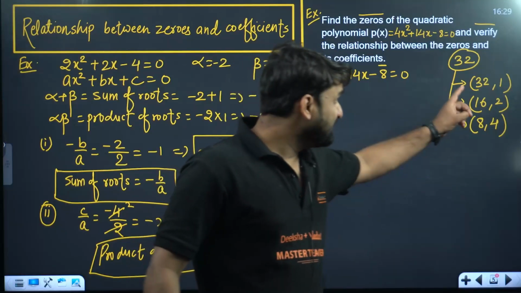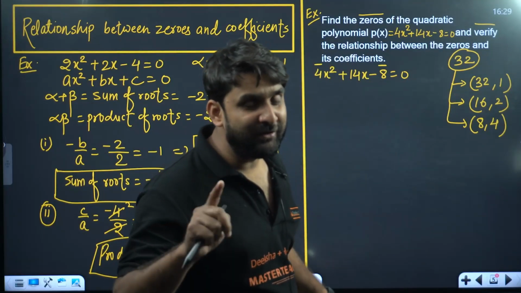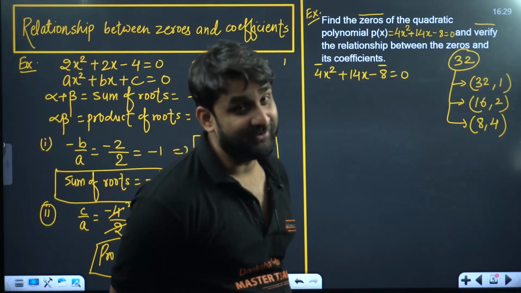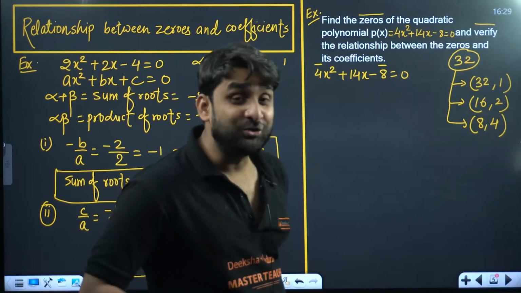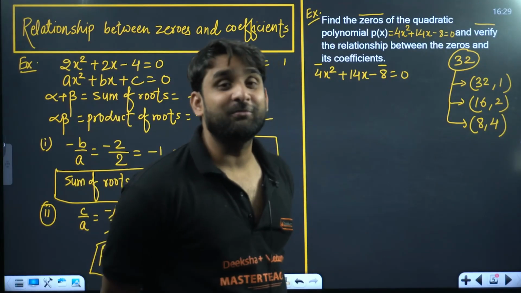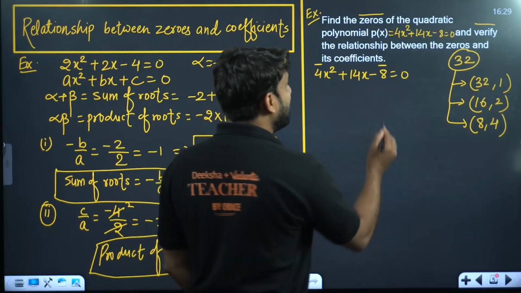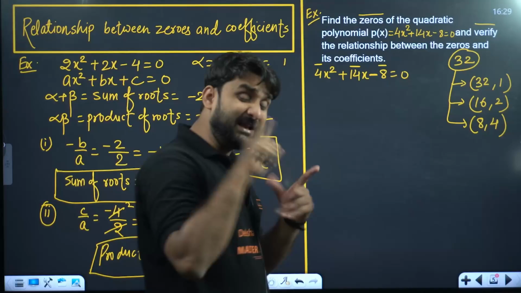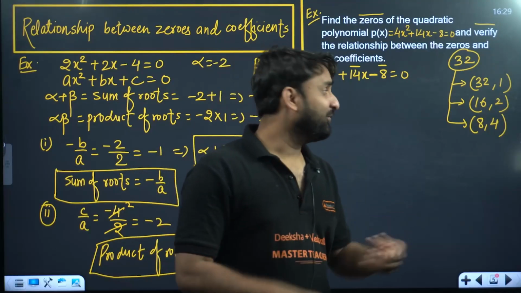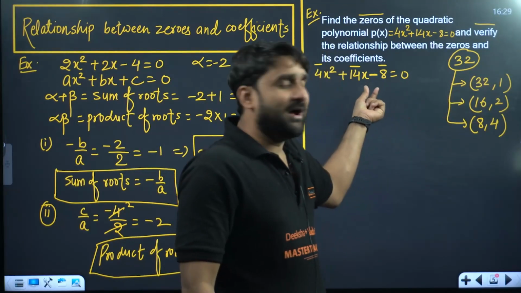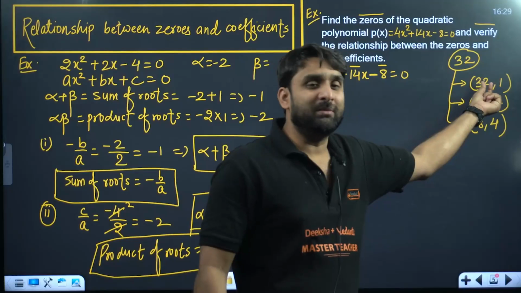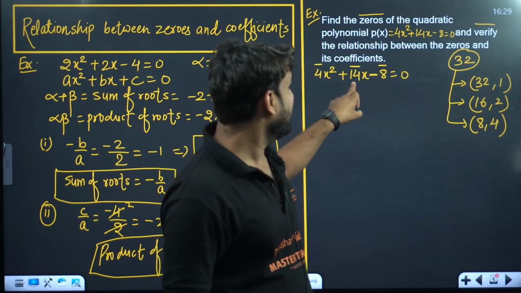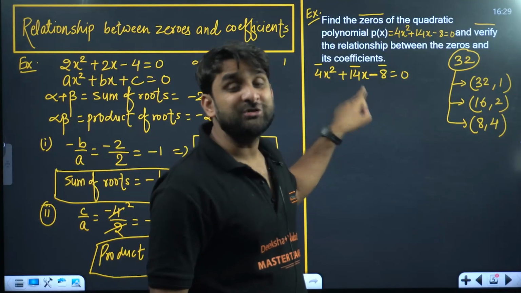Now in these three pairs, any one will be your friend. And how to identify the friend? I have already taught you how to check which pair will be your best friend. It will be helped by the sign and the middle value. The sign gives you the idea whether the numbers should be added or subtracted, and 14 gives you the number you are targeting.